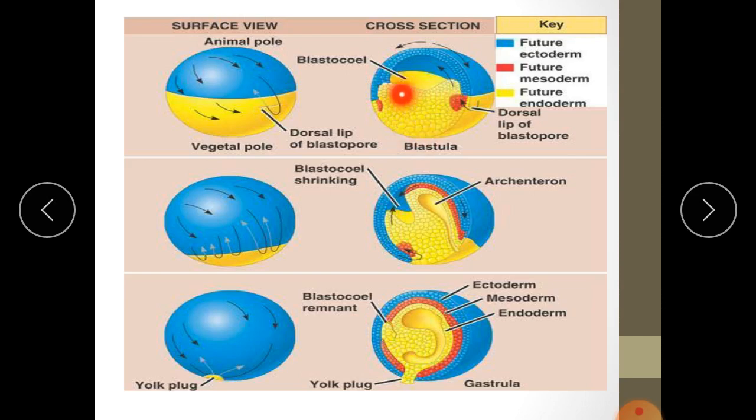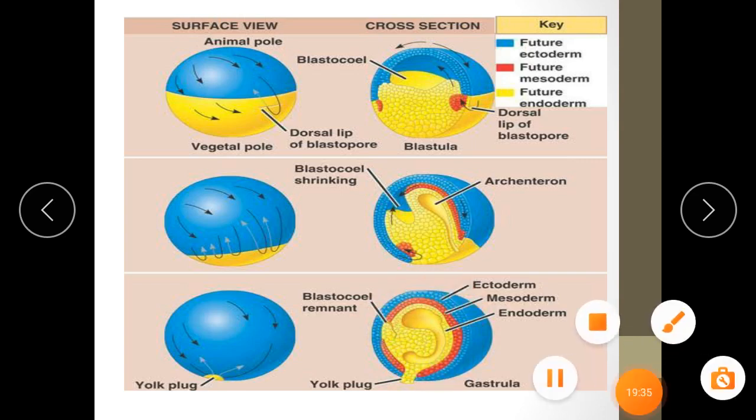They are laden with yolk, and these cells are also externally covered by blue colored cells, meaning micromeres, due to overgrowth of the micromeres. Can you see here? See, the entire external part is covered by ectoderm.